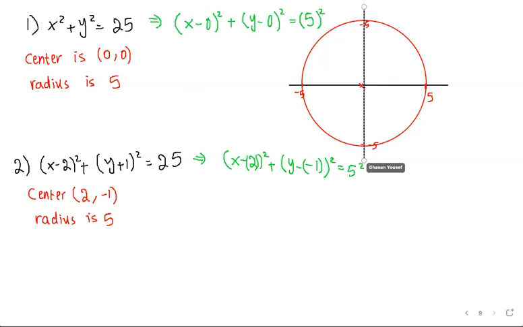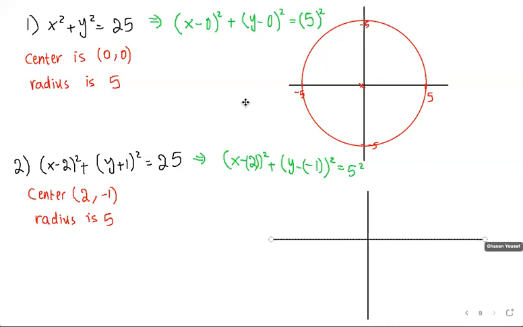Okay. So the center is 2 and -1. This is my 2 and -1 here.